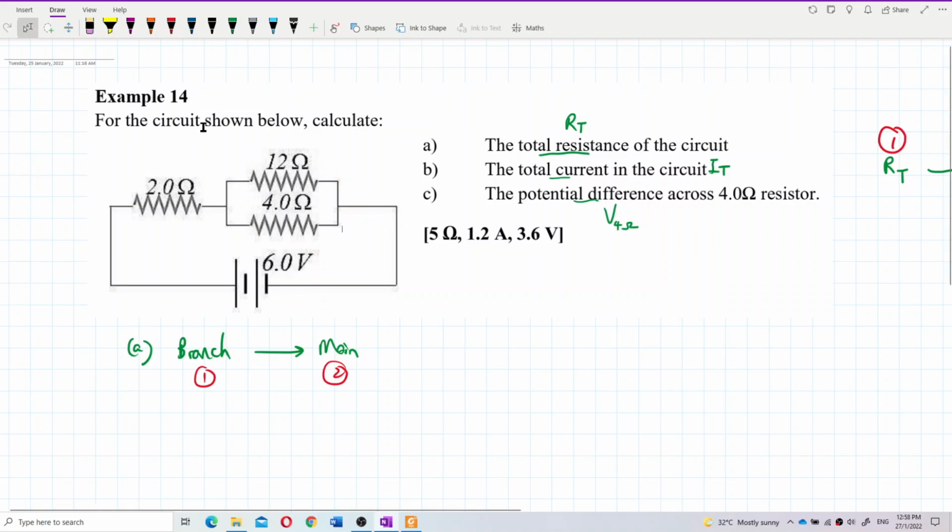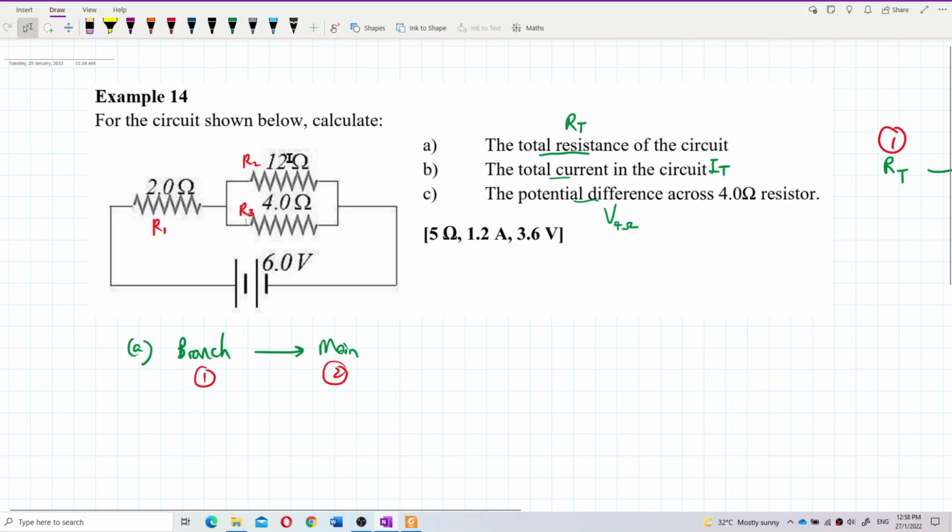So all right, we can label them. This one as R1, this one as R2, this one as R3. Okay, so we labeled already. So now let's start with the branch, which is the 12 ohm and 4 ohm, R2 and R3.